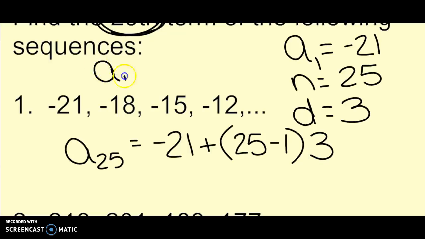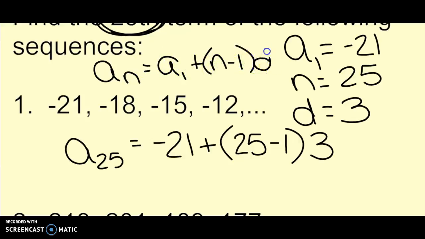Remember, the formula was a sub n equals a sub 1 plus n minus 1 times d. We only need one less than the term we're looking for because we already have the first term, so you already counted it in.